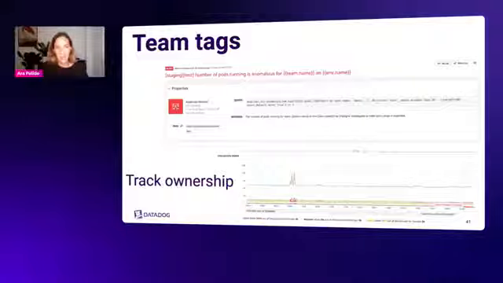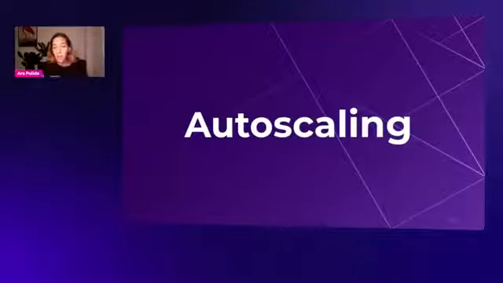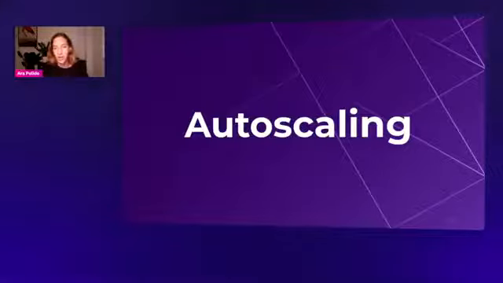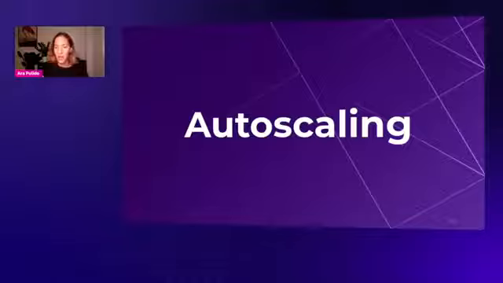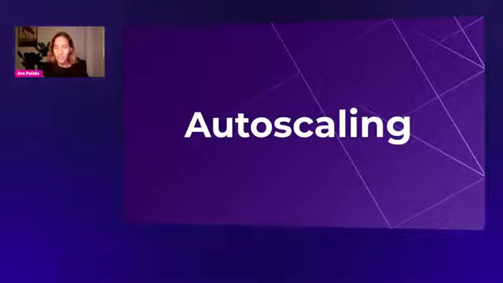Great. Nice. So let's switch topics to autoscaling, and Charlie gave us a little bit of a teaser when he was talking about the cluster agent and how it was implementing the external metrics server spec. So Charlie, can you go a little bit deeper on autoscaling?